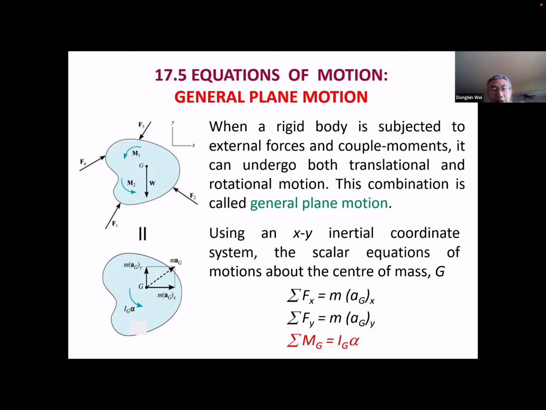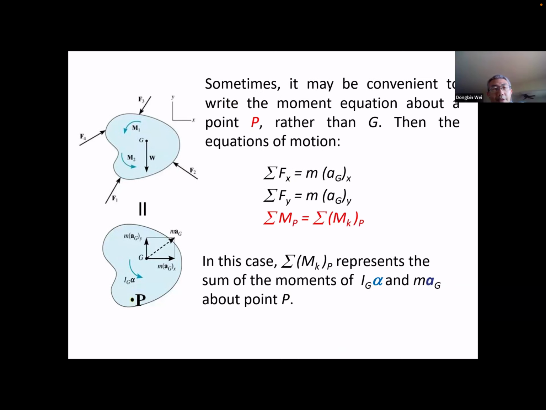For the rotational component, we can use G, the mass center point, for our calculation. And in many cases, it may be more convenient to use a point P instead of the mass center point for calculating the rotational component.